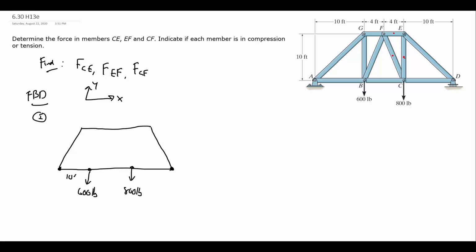These are 10 feet from each other, 8 feet, and 10 feet. At D, where we have that roller, when we remove the ground, the ground is exerting a normal force up. Since the ground is horizontal, the force is vertical, and I'll call that D. And A is a pin, and like any other pin, we can have 2 components of force, an AX and an AY.